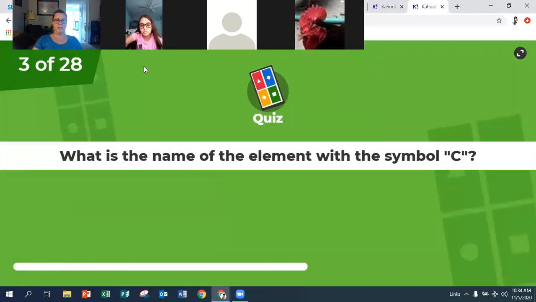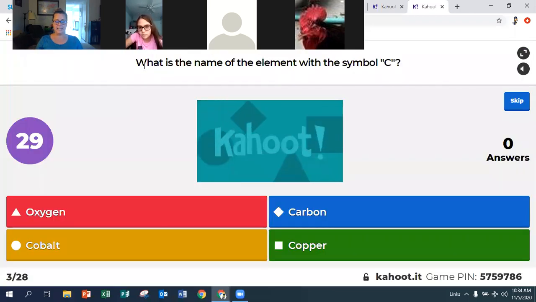Question 3. What is the name of the element with the symbol C? If you cannot find C, it is in group number 14. It took a while for me to find it.